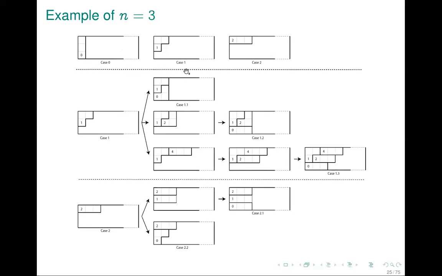For case 1 and case 2, we need to do something more. Start with case 1. We have another 3 choices. We can put a 0 here, and in this case we are already done, we observe a recurrence. We can also put a 2 in this way, and then in the following, 0 must be put here, no other choices. This part is also done, a recurrence: a strip with length n minus 3.